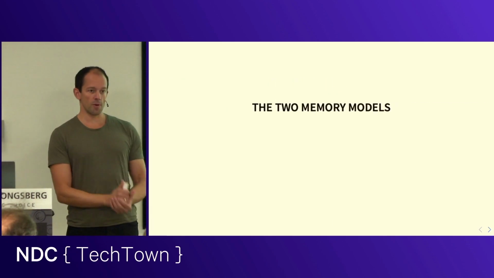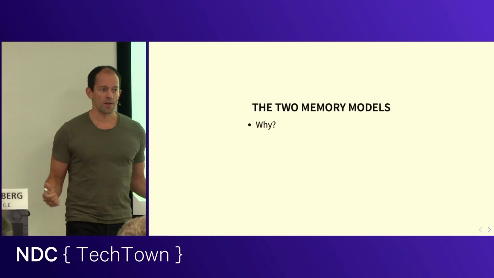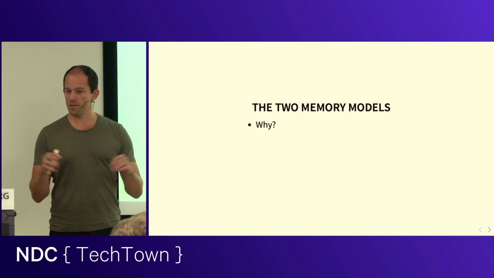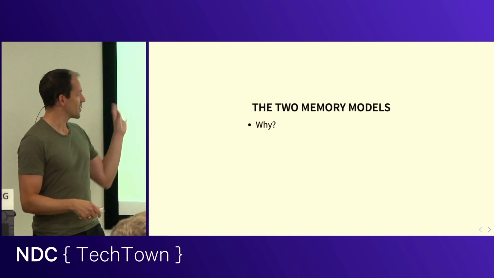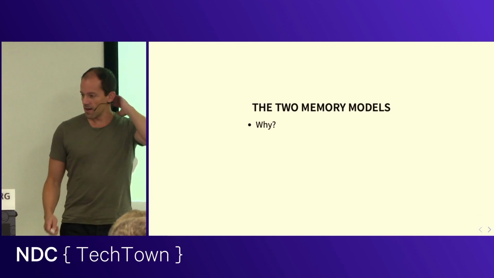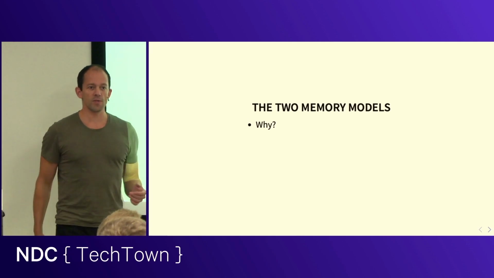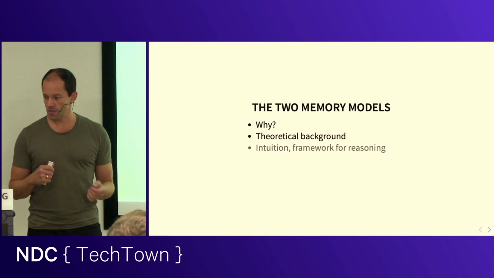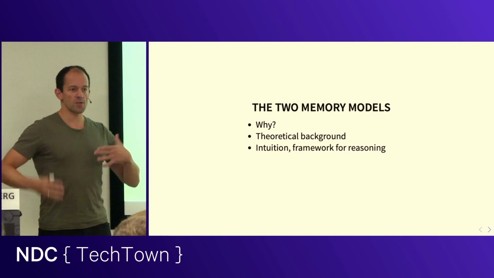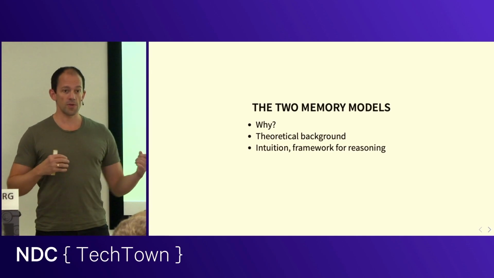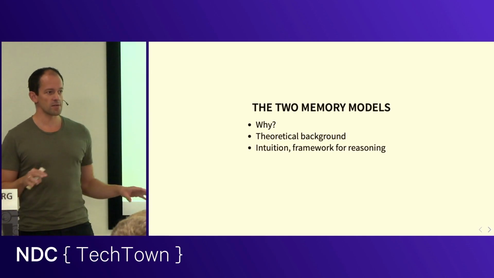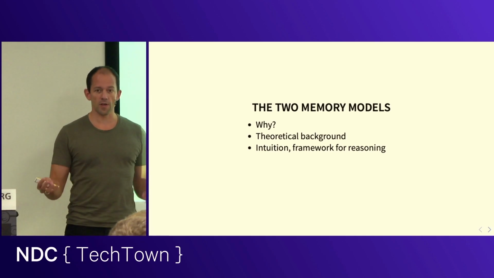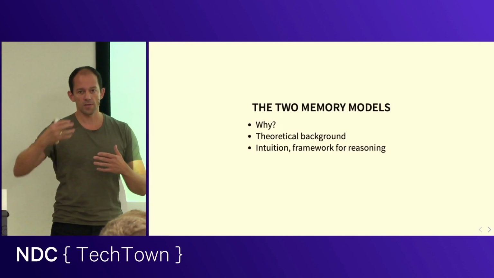Right, the two memory models. Why did I make this talk, and why do I tell myself it's okay that so many of you are in this room to listen to me talk about this? What I'm trying to communicate is a theoretical background for thinking about memory models, giving you some sort of intuition or framework for thinking about these kinds of things. So there won't be a lot of practical advice here, but when you start reading about how to do this stuff, you'll hopefully have a framework for how to think about it.